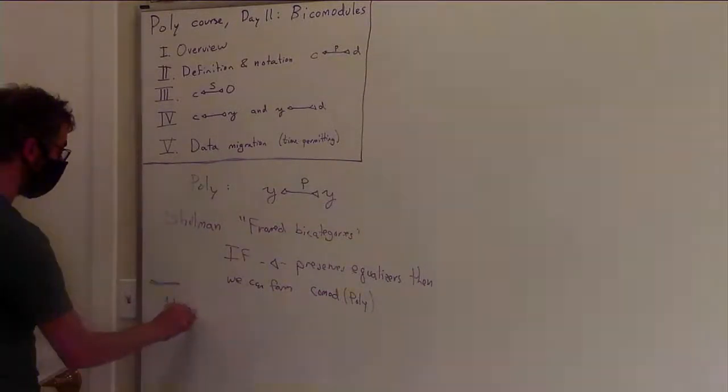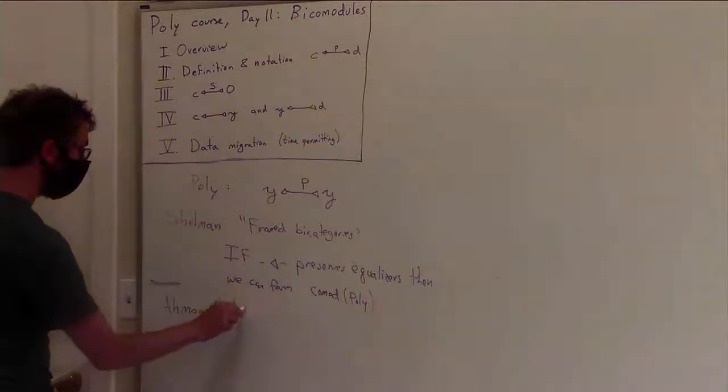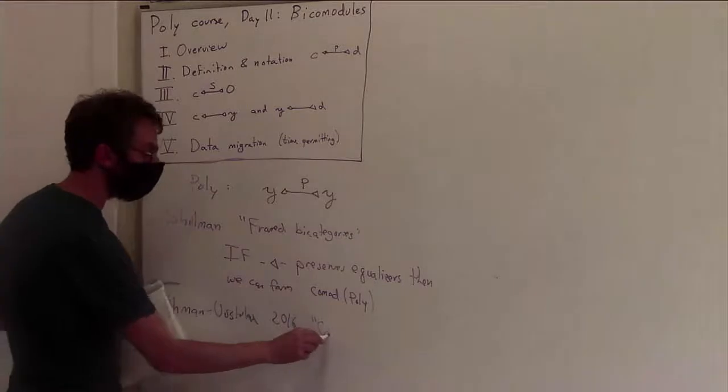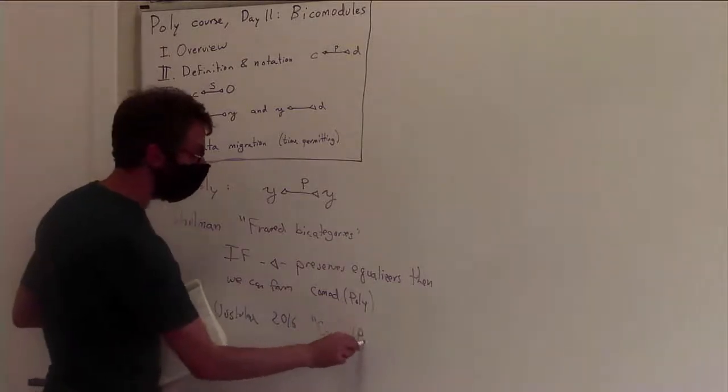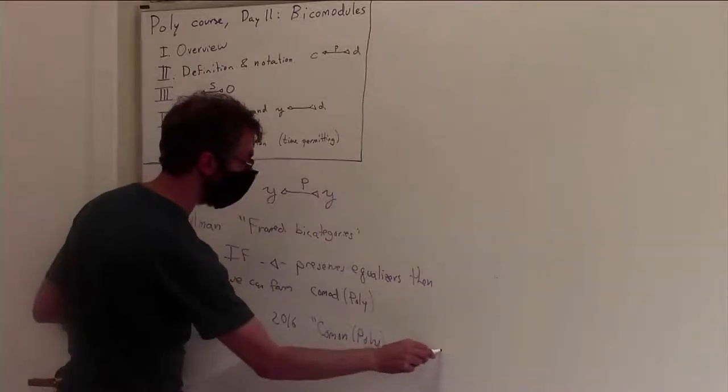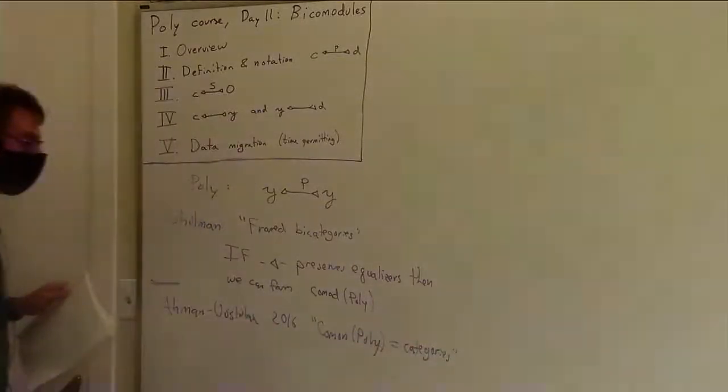One is the Ahman and Uustalu paper, Uustalu of 2016, that said comonoids in poly are categories. Now the morphisms are cofunctors, not functors, but still, the objects up to isomorphism are categories.